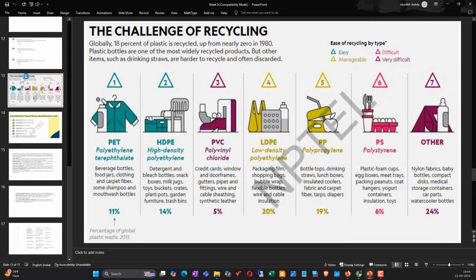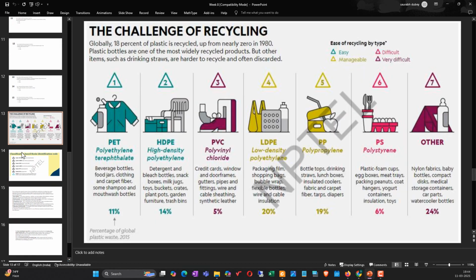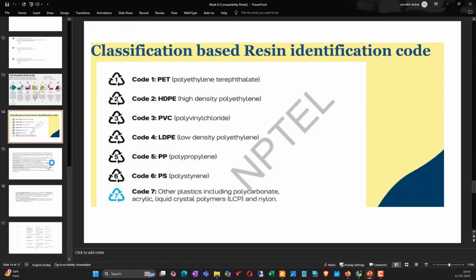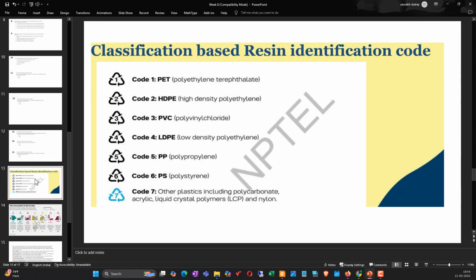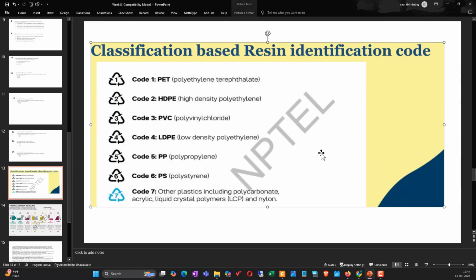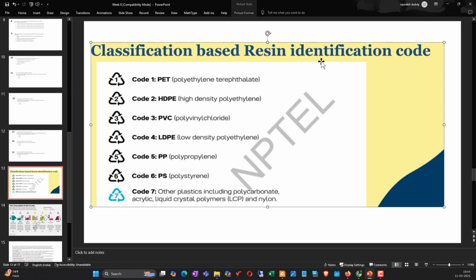So before that, I will be discussing the problem that one student asked in the last class. He was actually asking, sir, in one of the slides which was discussed in week one, it has been told that PVC is having code 3, which is the third, and he was thinking that this resin identification code is based on the ease of recyclability.